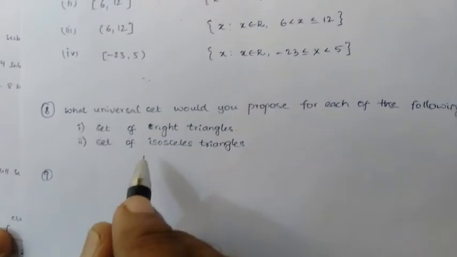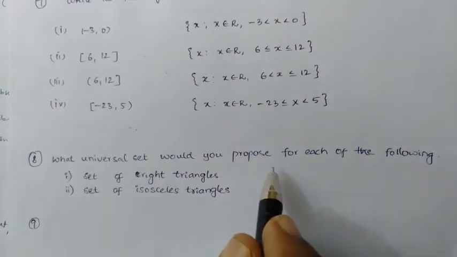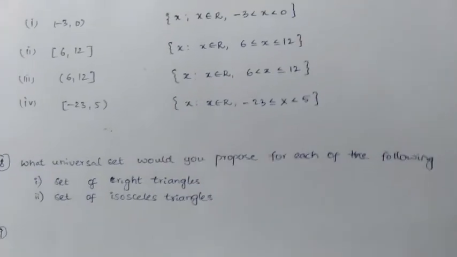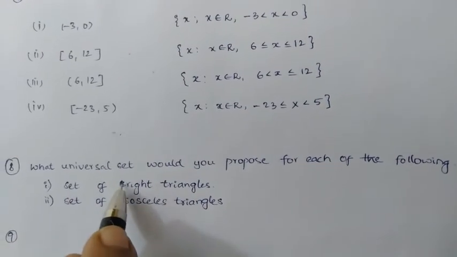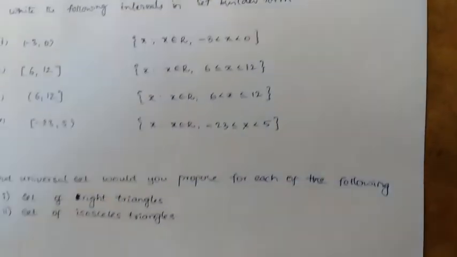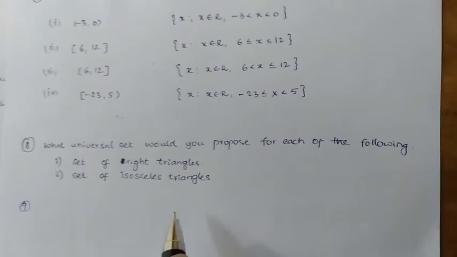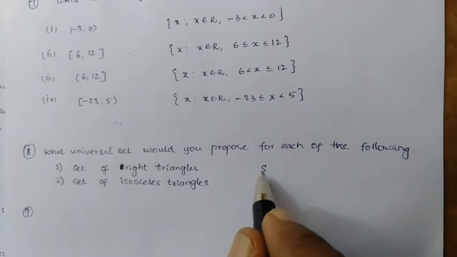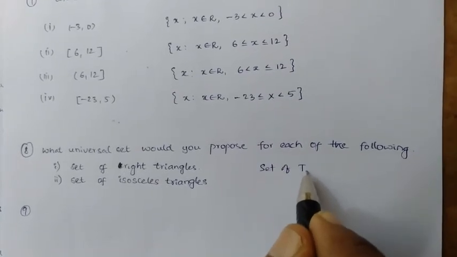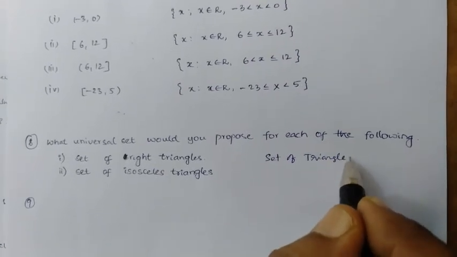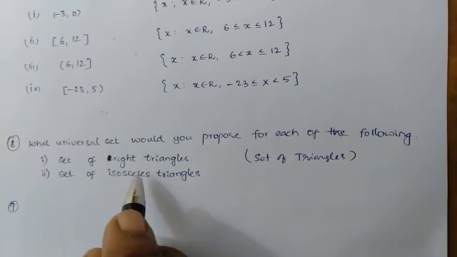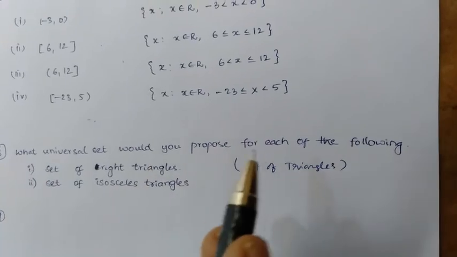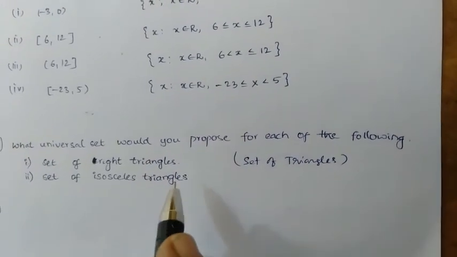What universal set would you propose for each of the following? Set of right triangles. We know that it is a subset of the set of triangles. Am I right? The set of triangles includes the set of right triangles, set of equilateral triangles, set of scalene triangles, everything.